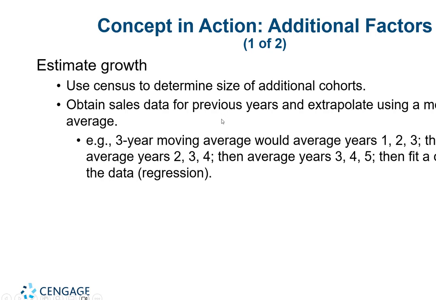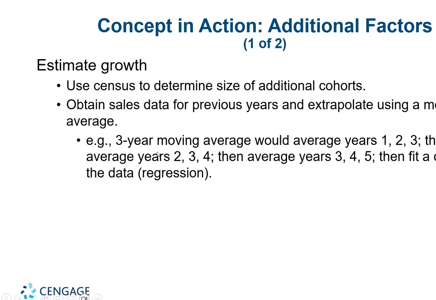We can also think a little bit about how our markets can grow over time. We could look at population data, we could look at sales data, and we could extrapolate this forward. It's something called a moving average. I don't want to get into the technicalities of forecasting in this class. We'll do a few examples in the practical and Excel, but this is probably a whole other class.